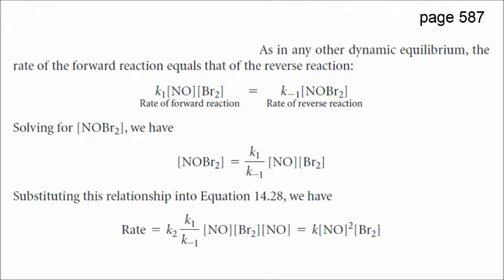We take a look at that first fast equilibrium. We write that the rate of the forward reaction equals the rate of the reverse reaction. We substitute for the NOBr2, and when we're all done, we've now replaced the NOBr2 with one molecule of NO and one molecule of Br2. So in the final rate law, it's second order with respect to NO and first order with respect to Br2. We have to do a similar thing with this problem.